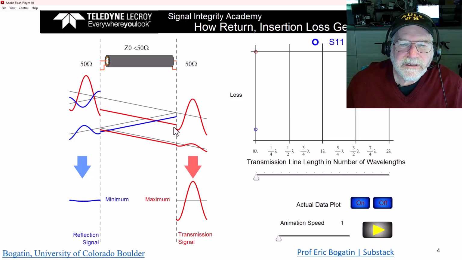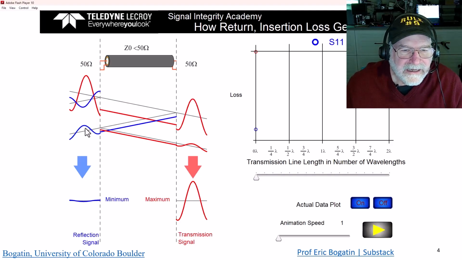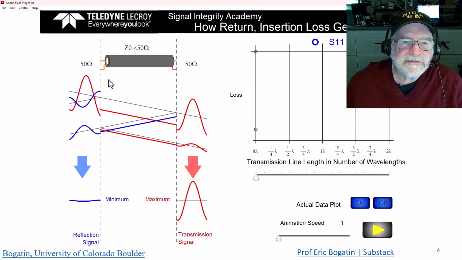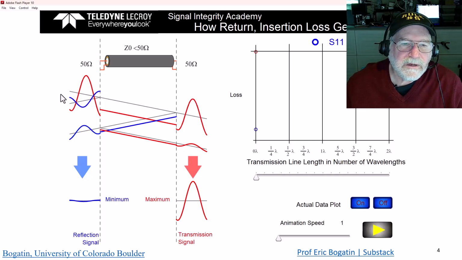Whatever the phase is going in, that's the phase of the wave propagating this way. And because it's electrically short, the phase of the wave coming out here is exactly the same as the phase of the wave going in here. But because of the 180 phase change going from 50 ohms to the low impedance over here, because this is reflected, it gave us a 180 phase change.